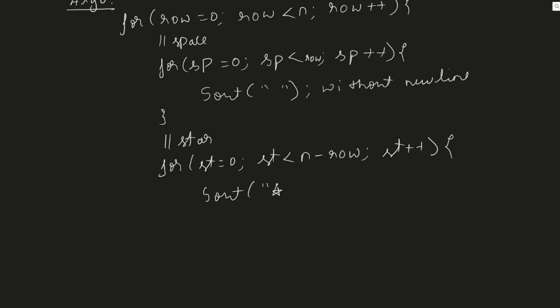S out star. Again, this S out should be without new line. After completing the row, we just need to print a new line character and end the outer for loop. I hope all the patterns we are discussing here are clear to you guys. Let us see how we can code this.